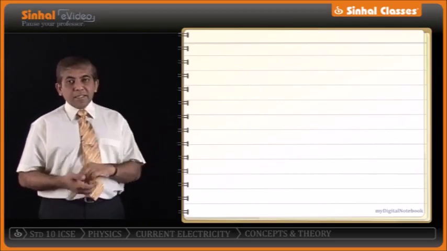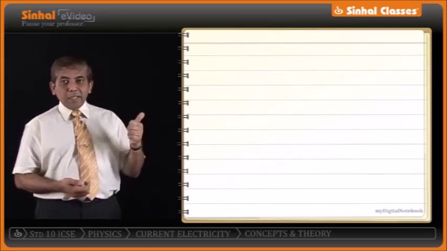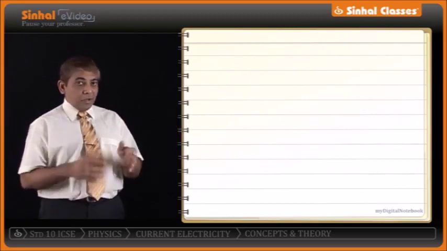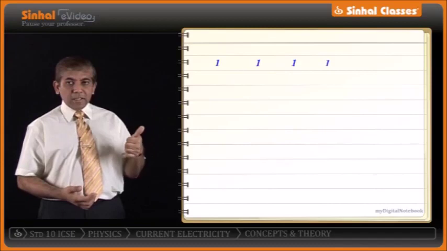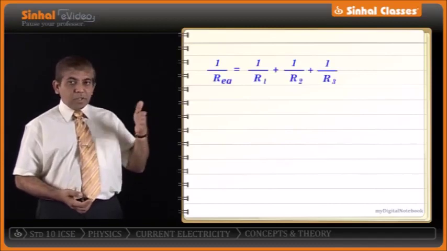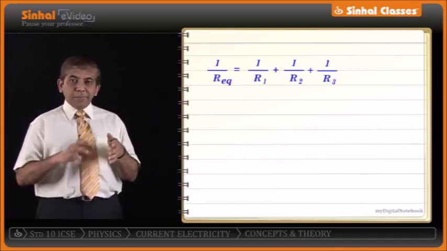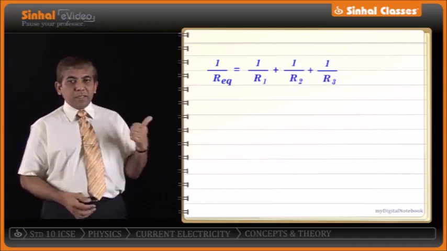If I have three resistances that are connected in parallel, what should be the equation? I want it in the simplified form. Yes, indeed it will be 1 upon R is equal to 1 upon R1 plus 1 upon R2 plus 1 upon R3. But if I take the LCM and reciprocal, what should it result in?